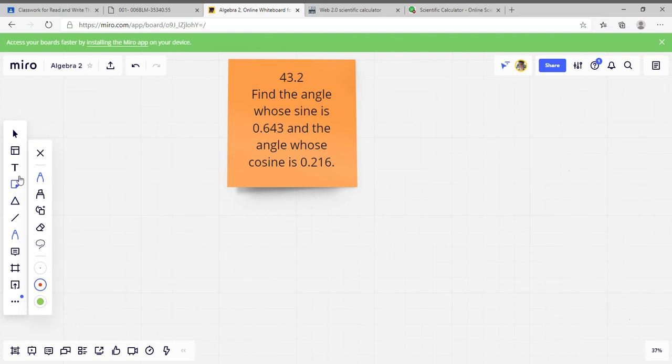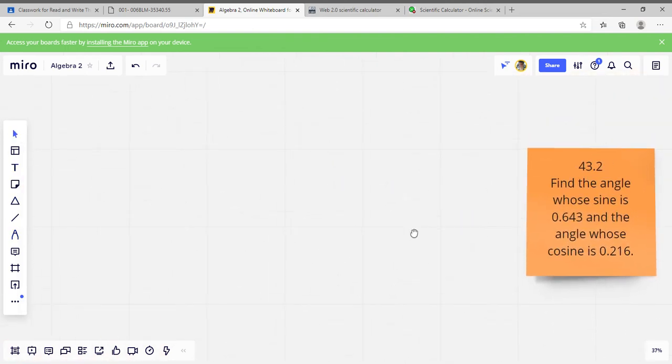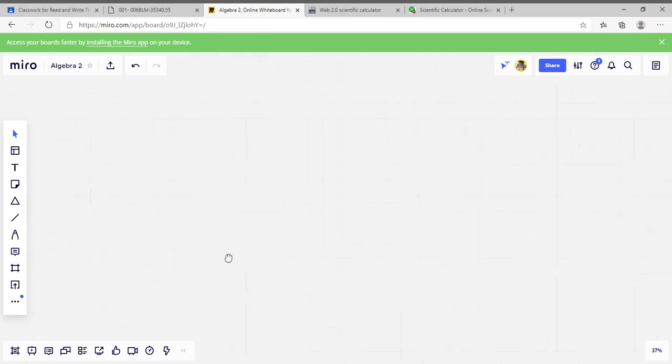43.2 is talking about the opposite of that. That is called the inverse. So inverse functions. The inverse of sine would be if we went backwards.